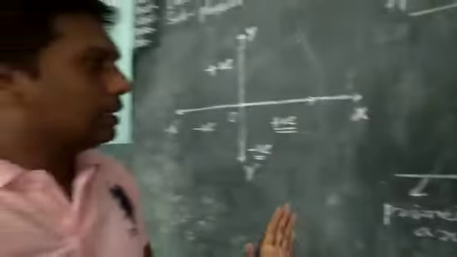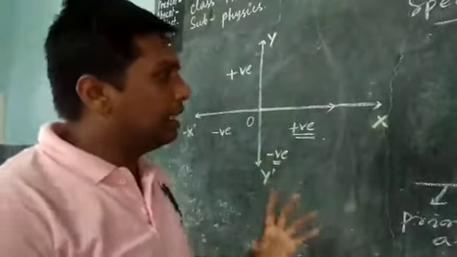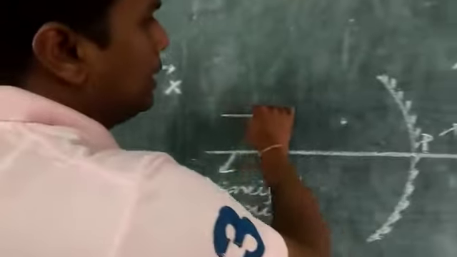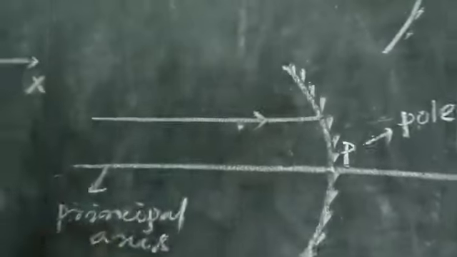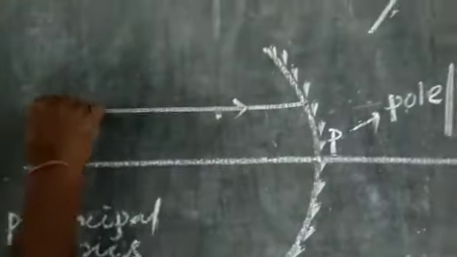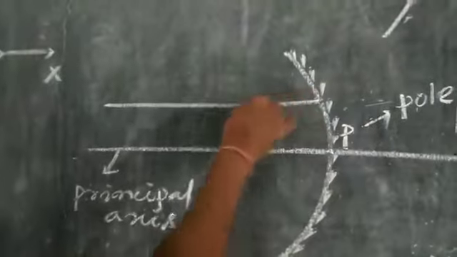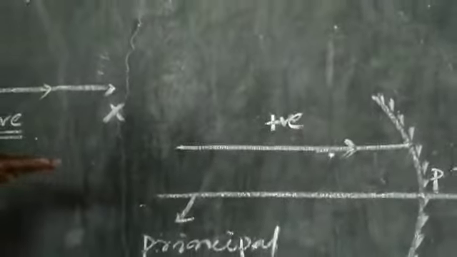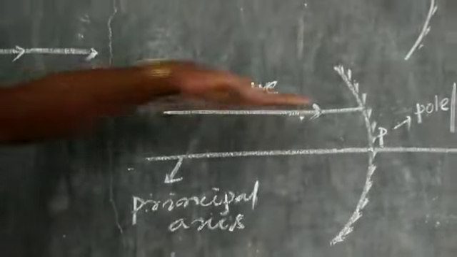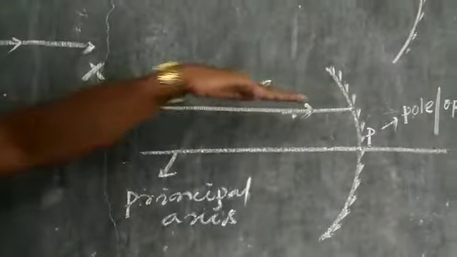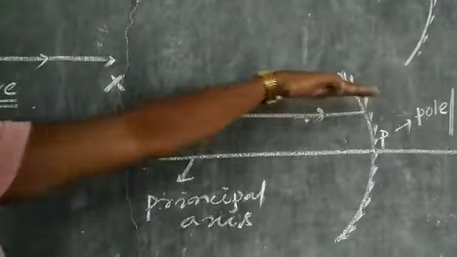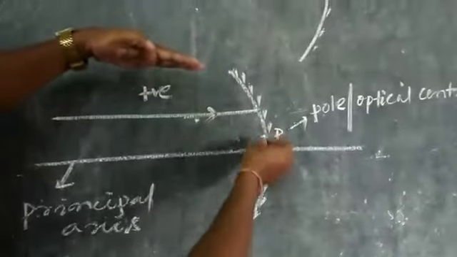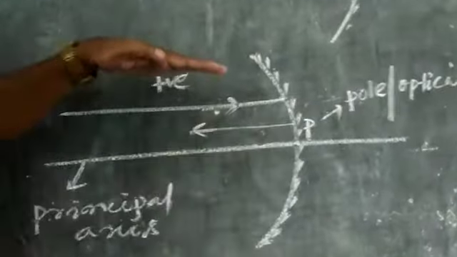The direction from which the incident ray is coming is always positive. Suppose the incident ray is coming in this direction, then this direction is known as the positive direction, and the opposite direction is known as the negative direction. Clear?